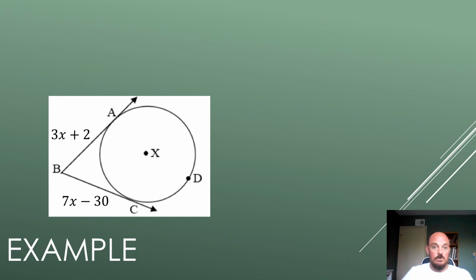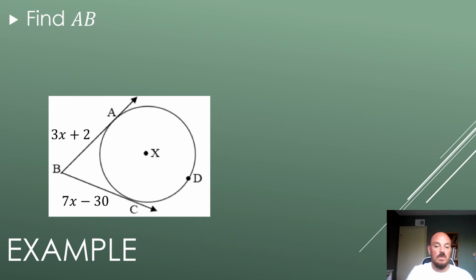So let's turn that into an example. This will be it for us today. In this picture, let's find the length of AB. Before I worry about finding AB, this is a solve for x question. I have a 3x plus 2 and a 7x minus 30. Whenever there's a solve for x question, you want to find the relationship between the two expressions.